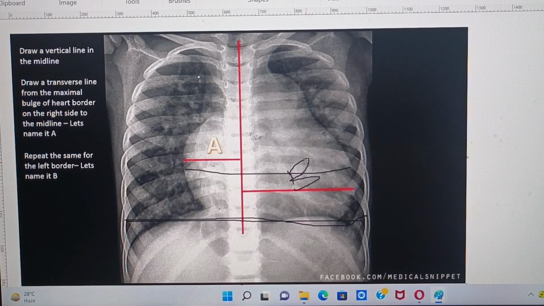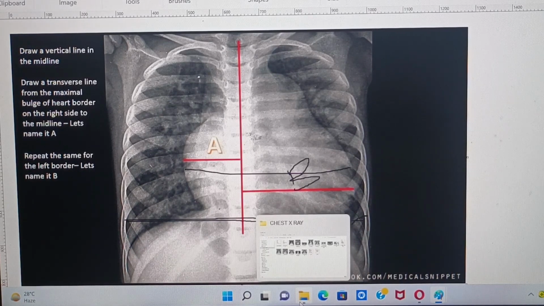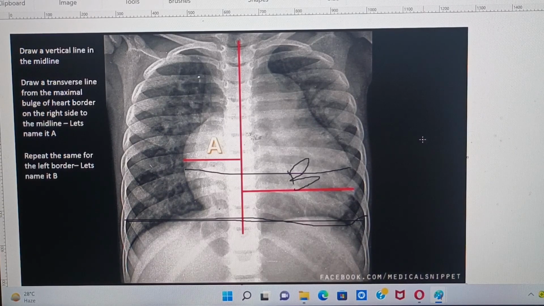Likewise B is just opposite, and then calculate A plus B. This will be the actual width of the heart. Divide this by the width of the thorax, and you will get the cardiothoracic ratio. If it is less than 0.5 or 50%, it is normal. If it is more than 0.5 or 50%, it is abnormal. Although in children, up to 60% is taken as normal.